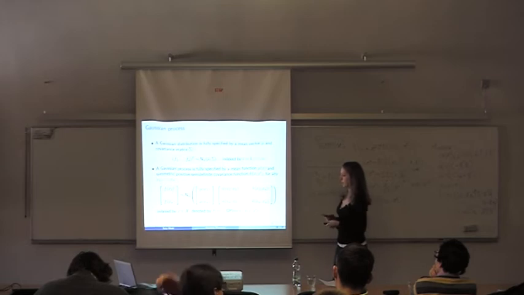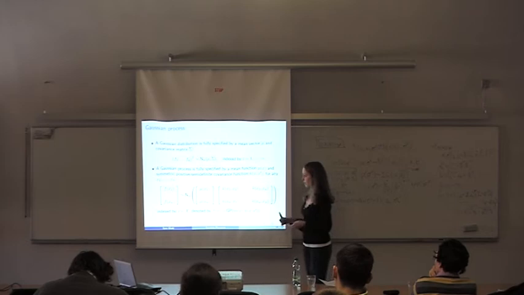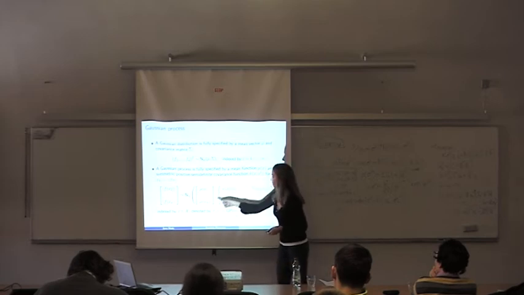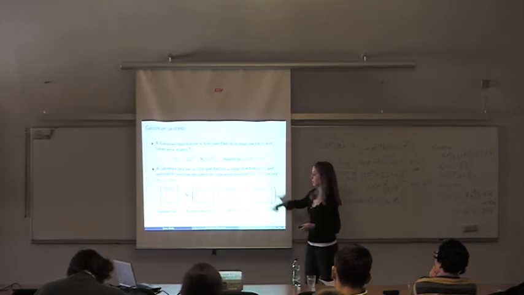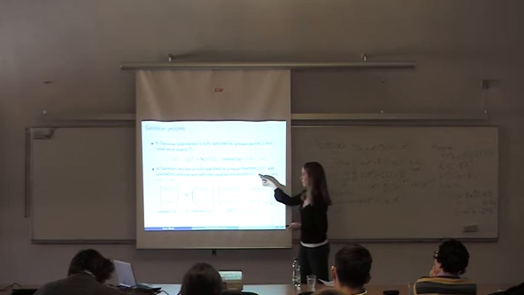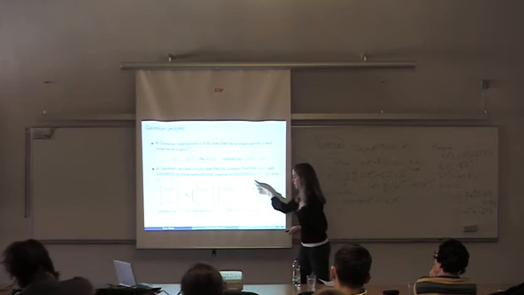And it assumes that if I take any finite number of x's, then these have Gaussian distribution with mean specified by our mean function and covariance matrix specified by our covariance function here.